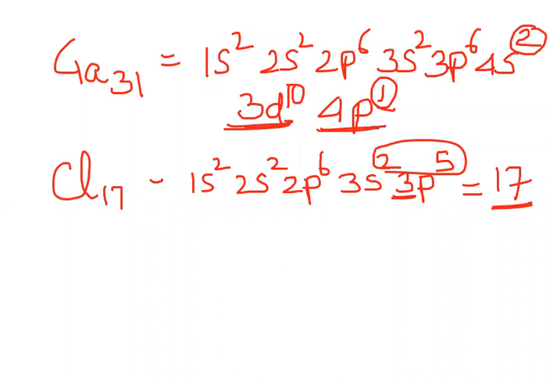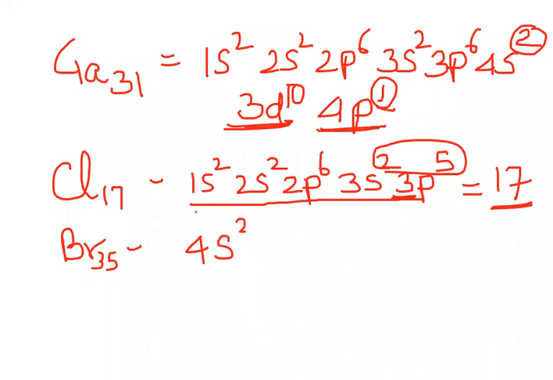It is because when you go to the 4th period, if you talk about bromine, its atomic number is 35, so the electronic configuration is going to be 1s2, 2s2, 2p6, 3s2, 3p6, then you have 4s2 and you have 4p5. So 7.